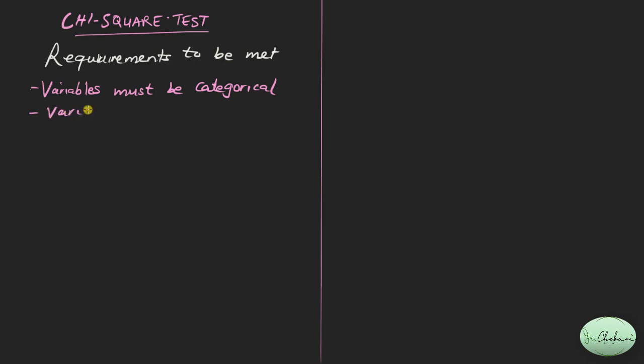So variables must have at minimum at least 2 categories. What this means is, if you have a variable like, let's say, income, it has to be broken down into at least 3 categories.